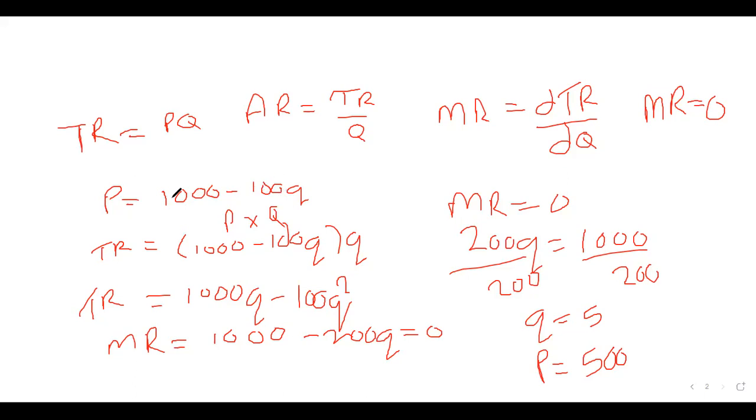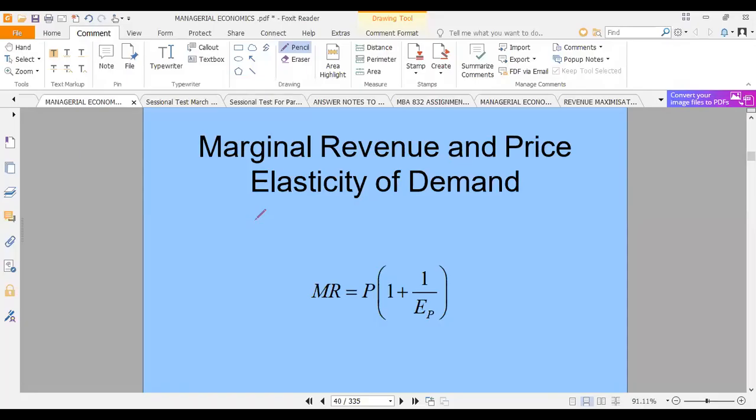So it becomes marginal revenue 1000 minus 200Q. This is the shortcut for making the price a marginal revenue. We just multiply a 2 on the gradient. The intercept, leave it as it is.